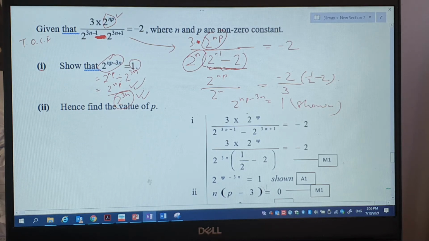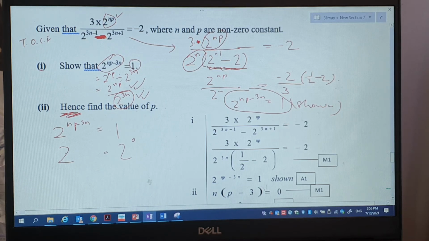Now, after that, they ask you to hence find the value of p. Oh, how to find? Hence means you must use this result. So I ask you, how do you solve this kind? You know that anything to the power of 0 is 1, right?